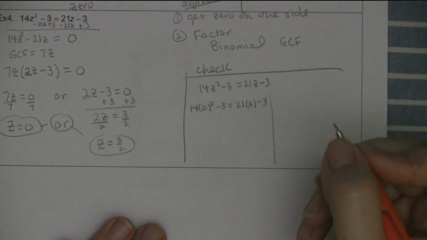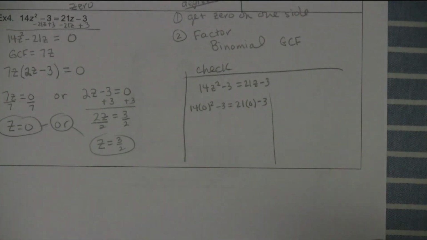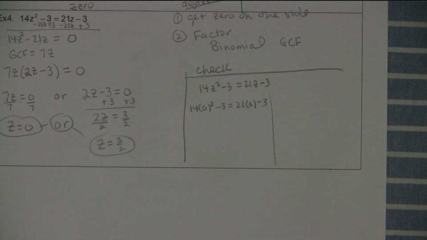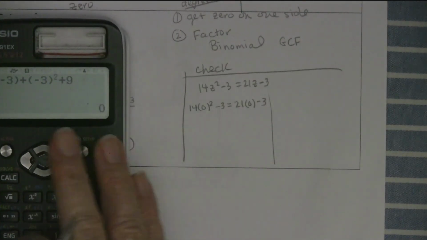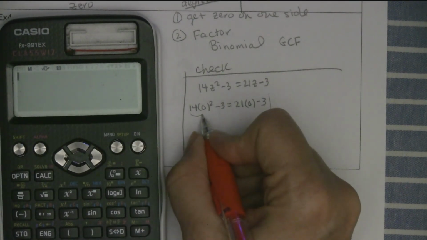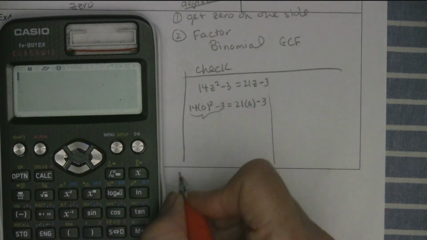Now what it means for it to be the right answer, it means the left equals the right. It doesn't mean the left and the right are equal to the same thing for both of these, but the left and the right are equal to one another. So whatever I get over here needs to be the same over there.